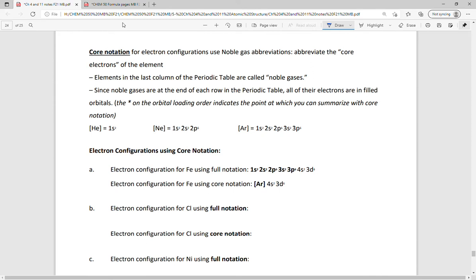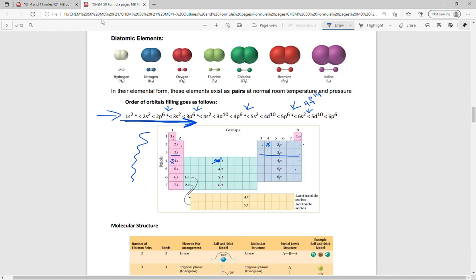So core notation really just abbreviates everything up to the closest preceding noble gas with the noble gas in square brackets. And so this gives me a place I can abbreviate in my line of filling at the star with a noble gas. So this would be helium.